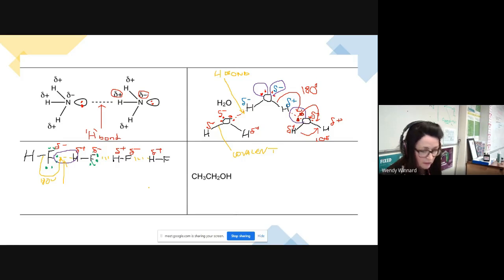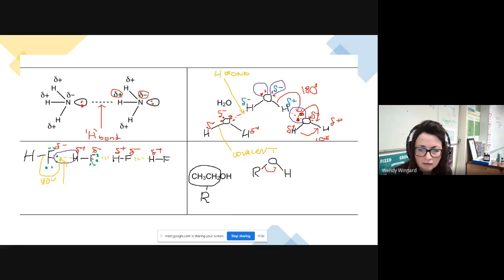Now the final one is ethanol, which I already did. But instead of drawing all of this out, because it gets a big pain in the neck, I'm going to call that R for the rest of the molecule. Don't forget that the rest of the molecule, the oxygen and the hydrogen are at 105 degrees.